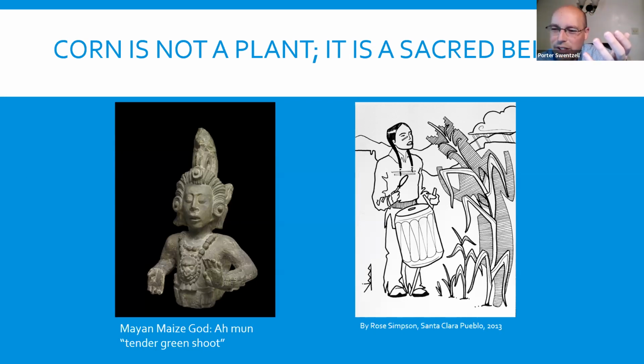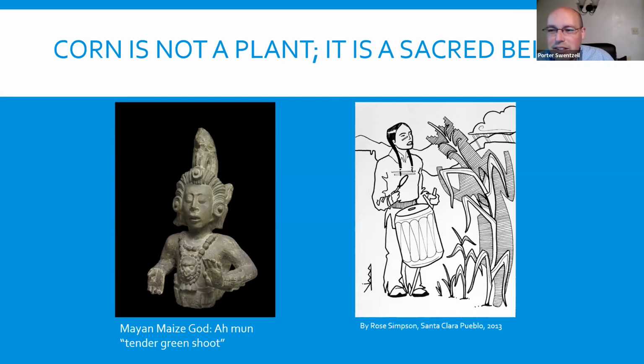It requires 120 frost-free days. It grows in these soils with these pH levels. It has these requirements of water levels per year and all of that. No, people were saying this is a sacred being, and no two ways about it.